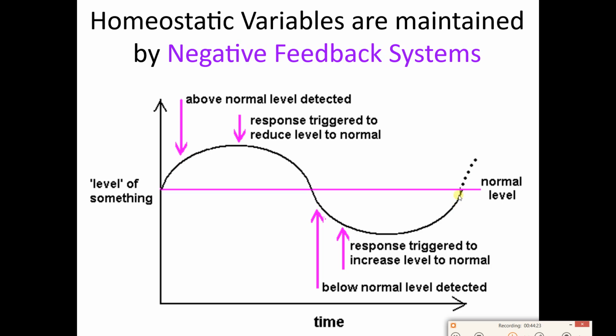So things in our body are never like a straight line graph, but they go up a little, they come down a little, they go down a little, they come up a little bit. And that response, where something changes, your body then causes the opposite to occur. That's called negative feedback. So body temp goes up, we bring it back down. That's negative feedback. Blood pressure goes down, we bring it back up. That's negative feedback. We're always doing negative feedback.